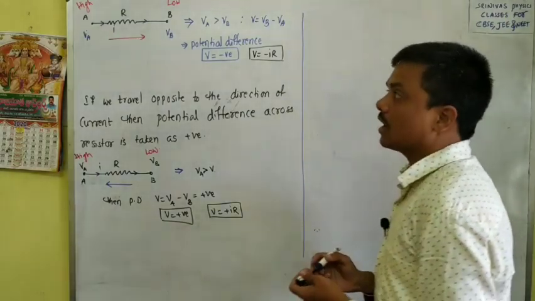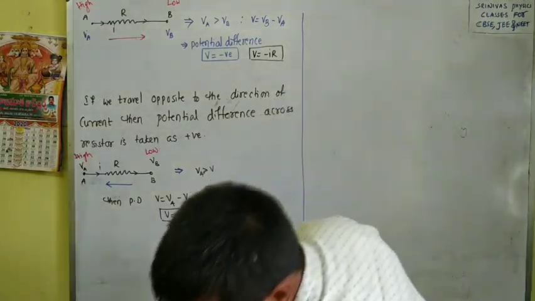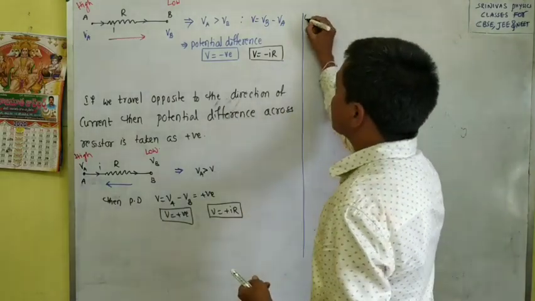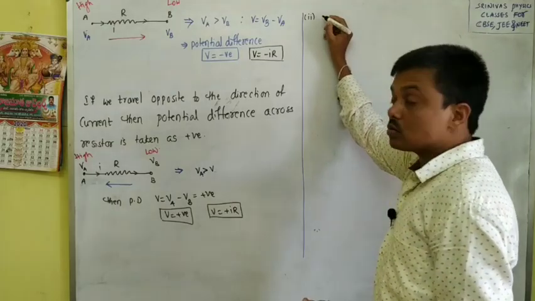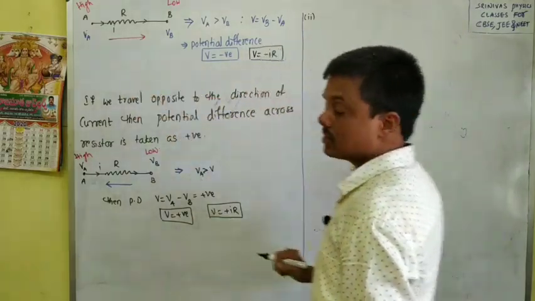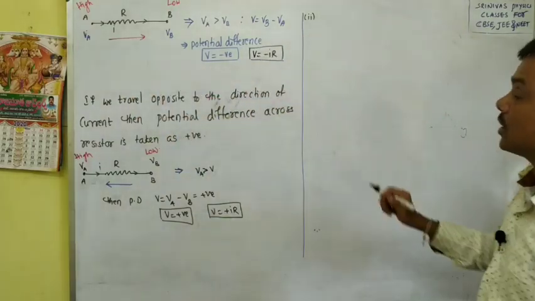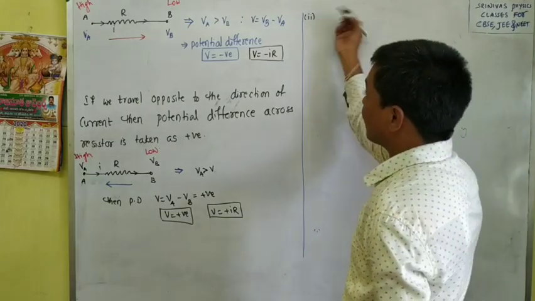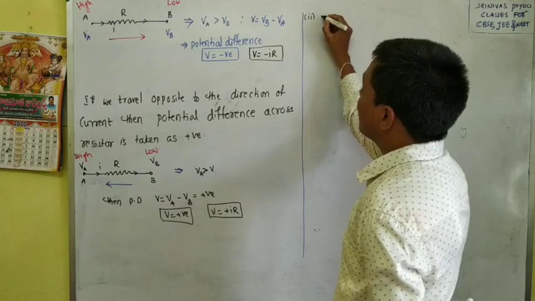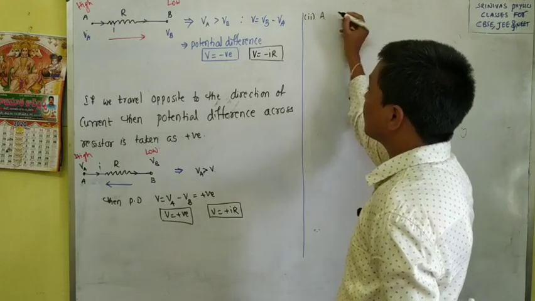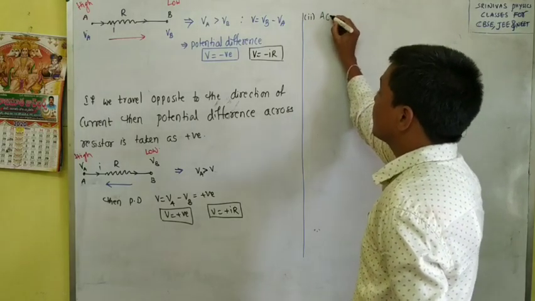Very important. I am explaining very slowly, so listen very carefully. In the closed circuit, this is the sign convention I gave across the resistance. And now I am going to tell across the cell. Across the cell or capacitor, if you want to know the potential difference, right?